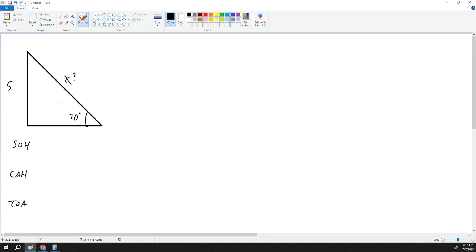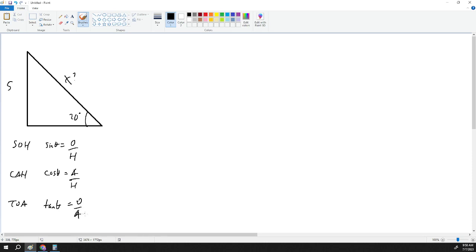How do we solve for x? To solve for x, what do we use here? One by one. Which one do we use? Sine, cosine, or tangent? Anyone? Sine. Sine, tama. Because we have a value for opposite and we are looking for our hypotenuse.